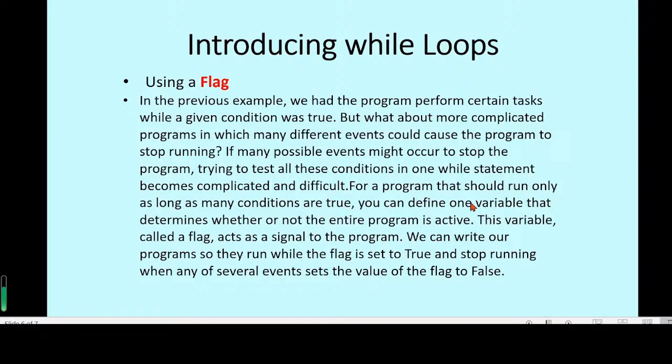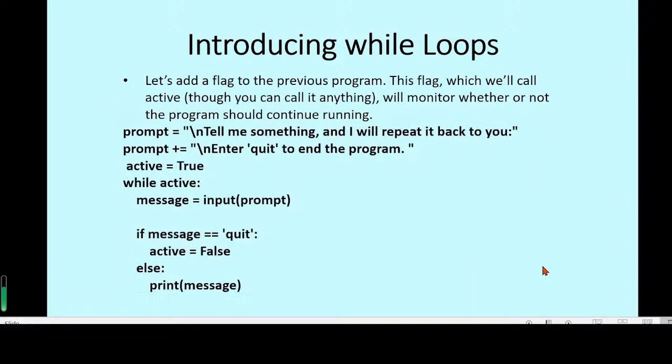So for a program that should run only as long as many conditions are true, you can define one variable that determines whether or not the entire program is active. This variable, called a flag, acts as a signal to the program. So we can write our program so they run while the flag is set to true, and stop running when any of several events sets the value of the flag to false.